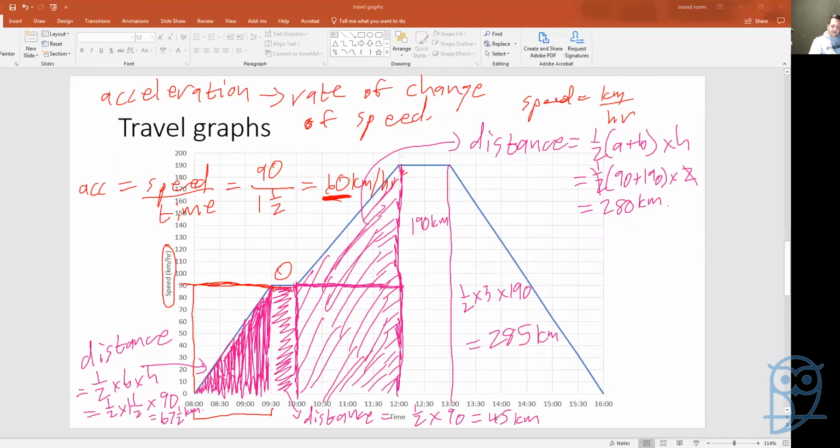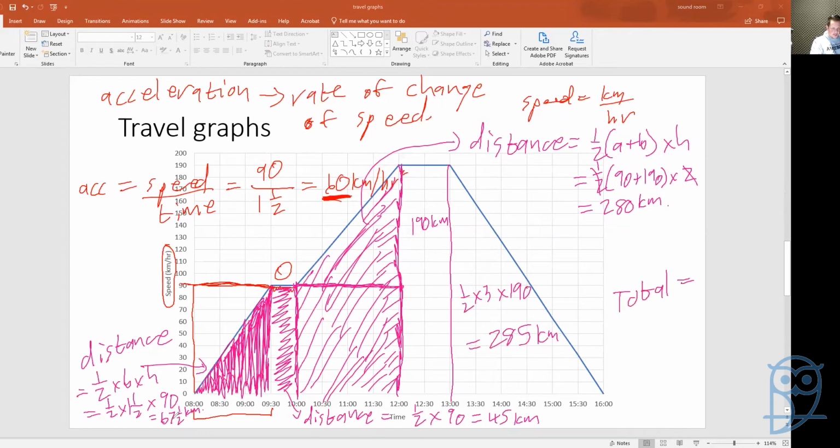So therefore, in total, these people have traveled 67.5 plus 45 plus 190 plus 285 kilometers.